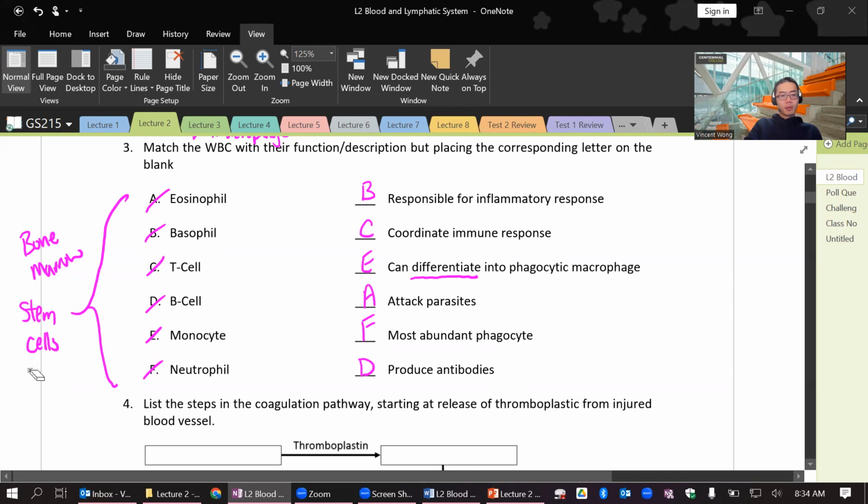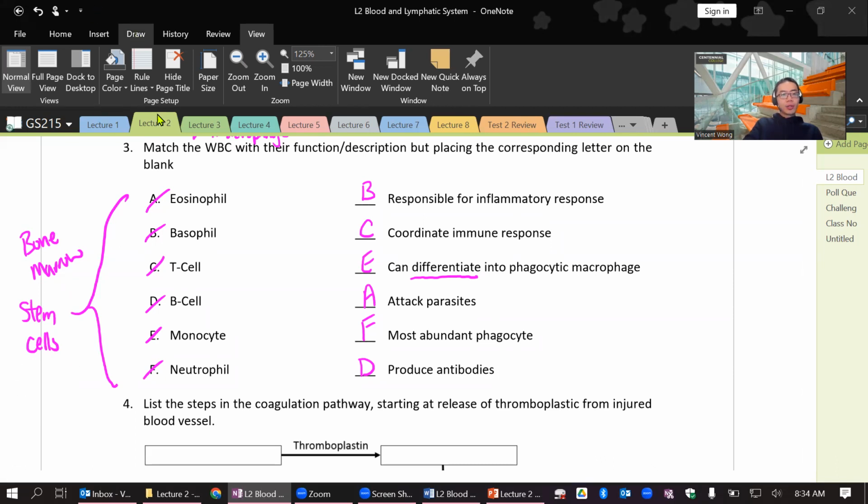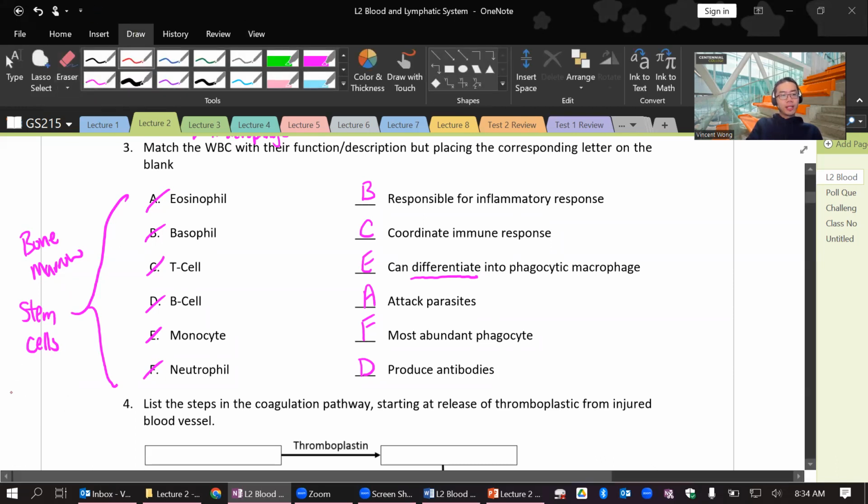And the process by which this happens is called hematopoiesis. Okay, not just white cells, right? Red cells as well, and the platelets.